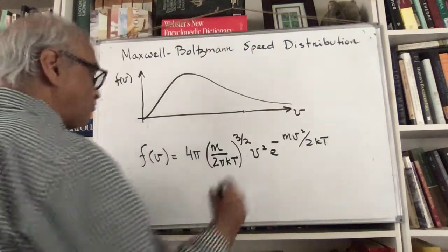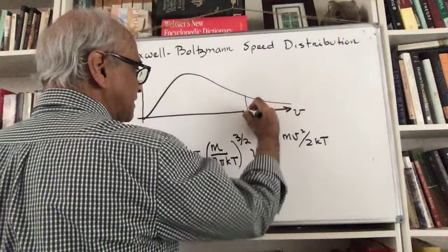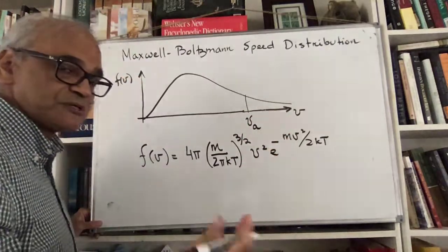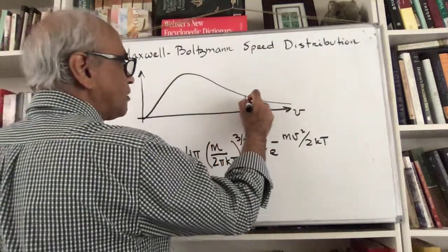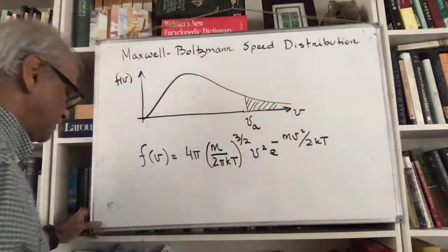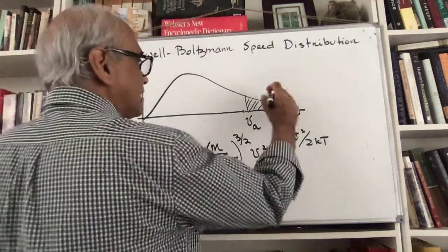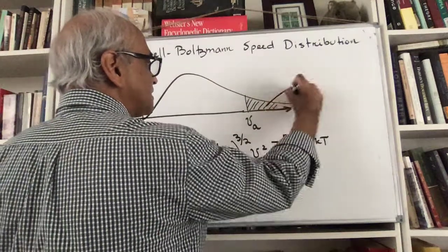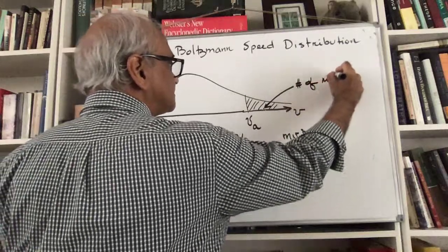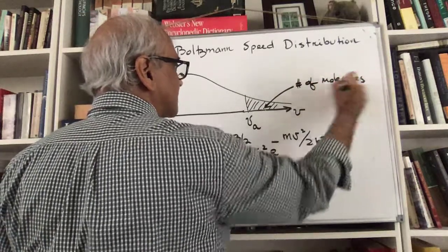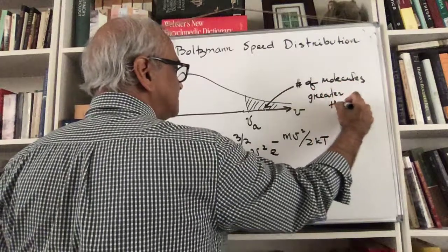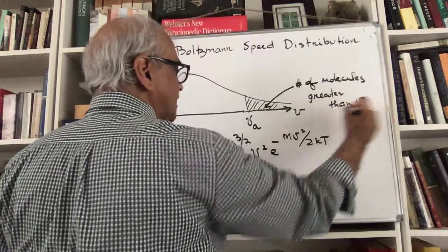So for example, if I simply have a velocity I determine, maybe 500 meters per second, maybe a kilometer per second, this region represents the number of molecules greater than that velocity, vA.